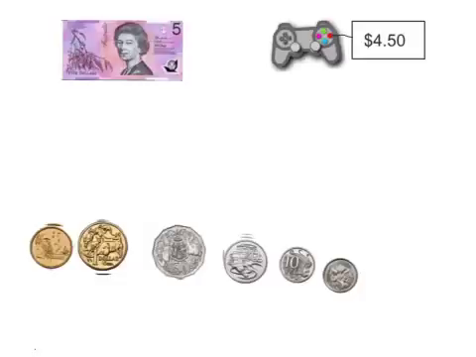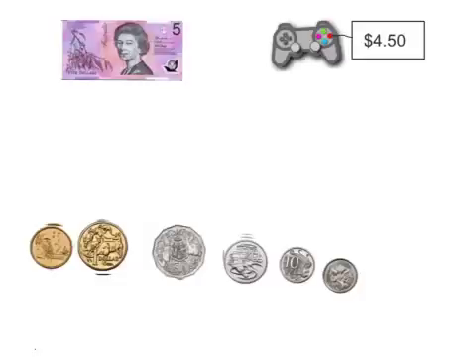Here's another way to solve the same problem using a different strategy. I still have $5 in my wallet, and I'm still purchasing this game controller which costs $4.50. This time I'm going to use a counting on strategy to help me figure it out. So I start at $4.50 and I have to make it up to $5.